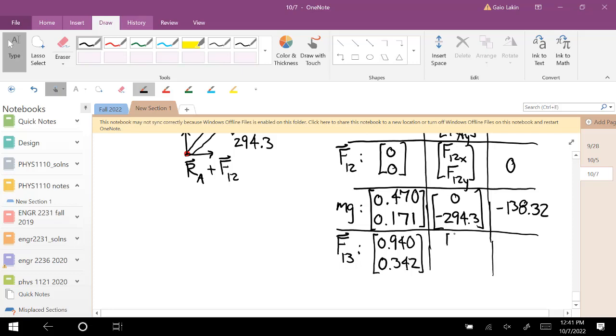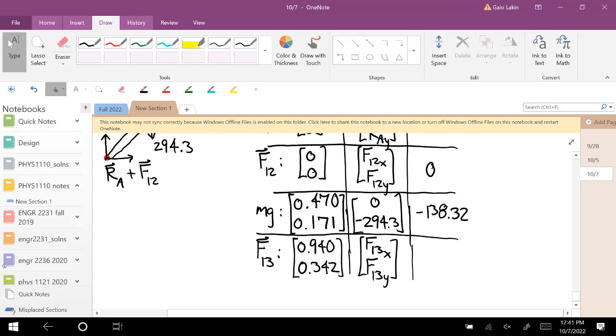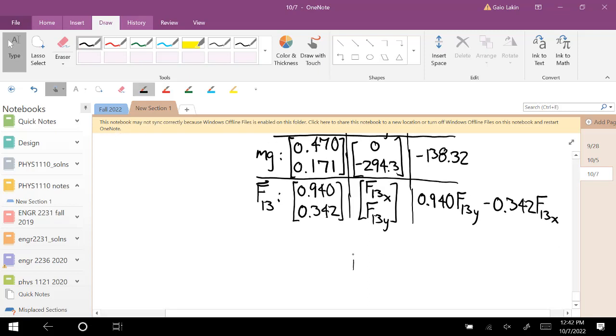The force vector is F13X, F13Y. And so the cross product is 0.940 F13Y minus 0.342 F13X. And then we're almost done. One more to go.